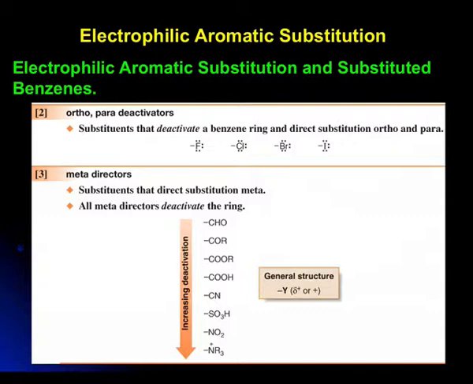And then all the meta-directors are shown here. Aldehydes, ketones, esters, carboxylic acids, nitriles, sulfonic acids, nitro, and ammonium are all deactivators and meta-directors. And notice as you go down that list, the arrow is saying it's increasing deactivation.